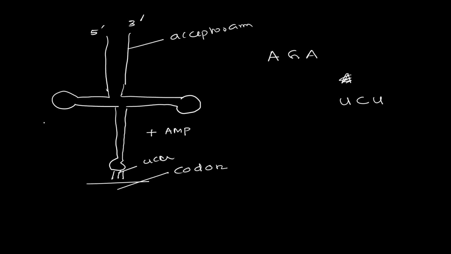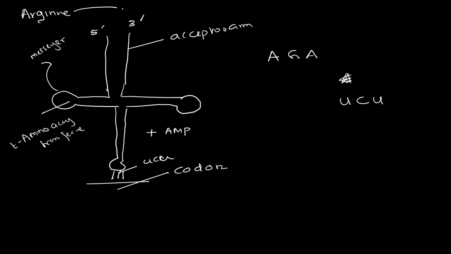With the binding of the adenosine monophosphate, it will cause the binding of a specific aminoacyl transferase, which will act as a messenger to bring about the specific amino acid molecule, which is arginine, that will be bound to the acceptor arm of the tRNA molecule, and thereby the translation process proceeds.